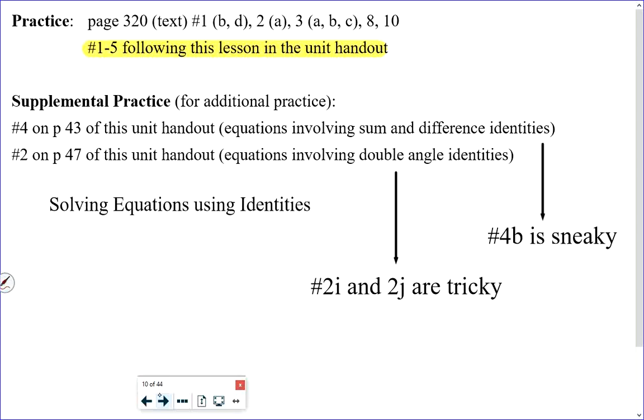You can make a note here that on page 43, 4b is, the word I might even use is dirty. There's something there that you would never be expected to figure out. But some people are up for a challenge. 2i and 2j are tricky, and I would classify something as worthy of saying tricky if I look at it and it takes me a long time to figure out.